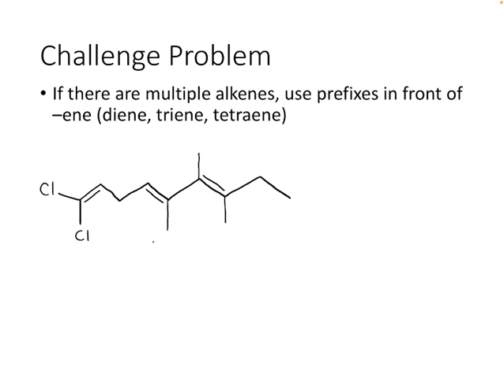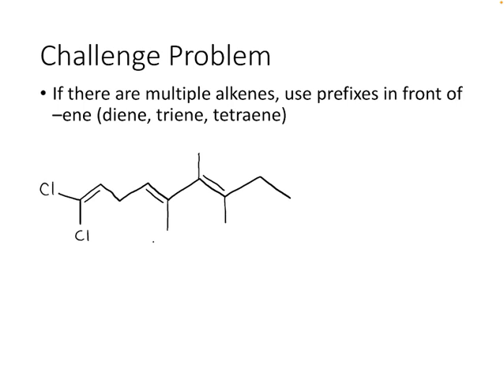If there are multiple alkenes, you can use a prefix in front of ENE to indicate that you have multiple alkenes. And you also have to show the number for each different alkene. For instance, if you have 2 alkenes, you would call that a diene at the very end.